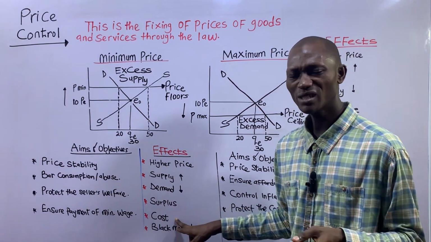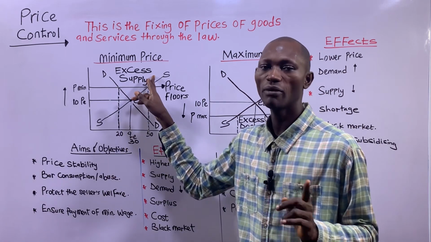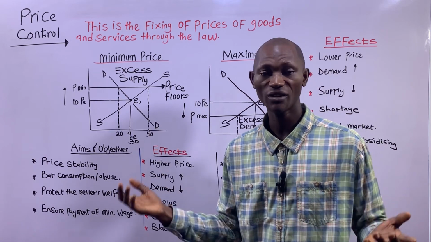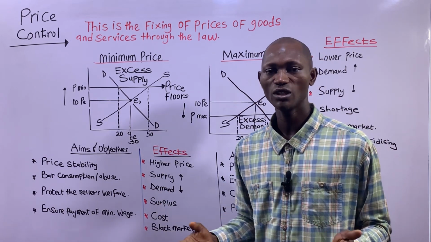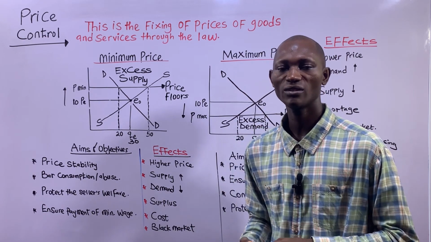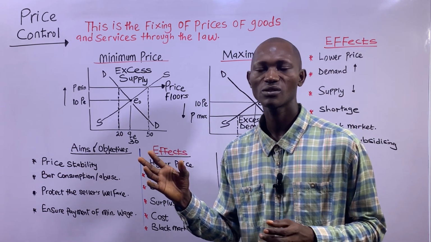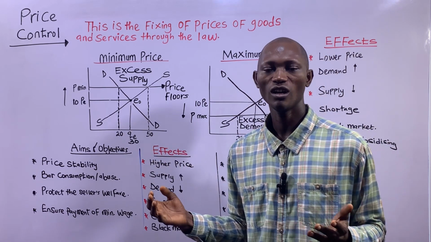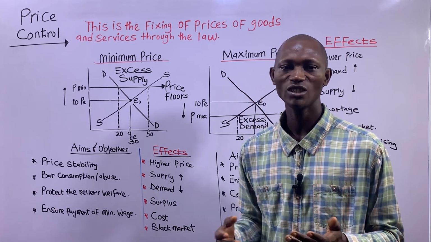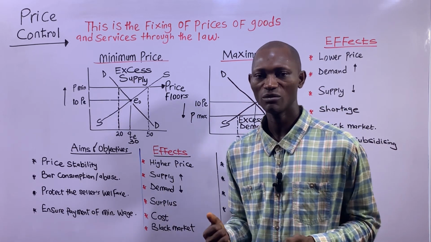Then the opportunity cost of this could also be that when the government buys the surplus, what will they do with it? Most times they will dump it in another, less developed or lower developing economy, and that may create international issues between the two countries, whereby you now see tariffs being increased tremendously, like the case you have now between China and the United States, whereby there is a trade war between the two economies of the world.